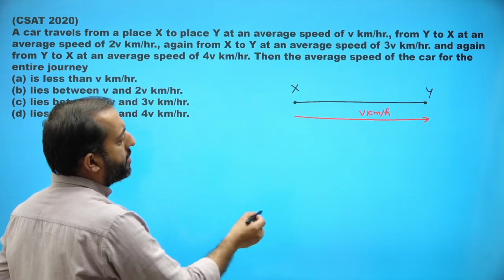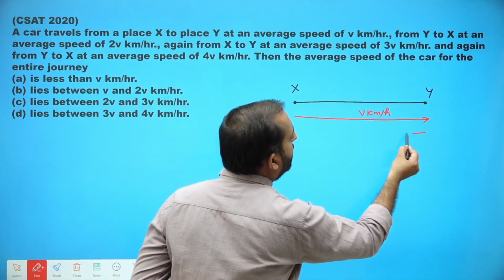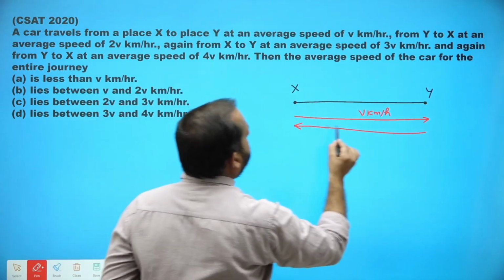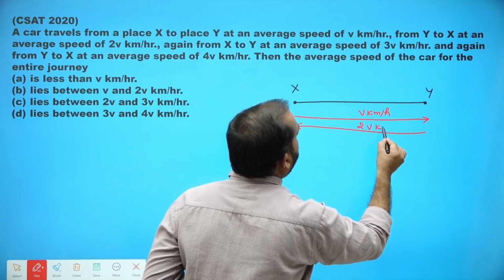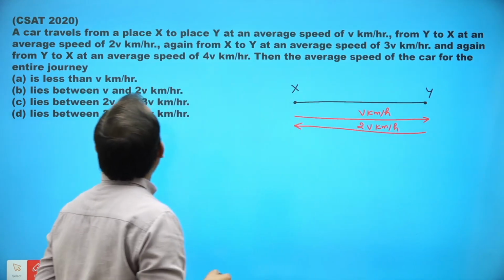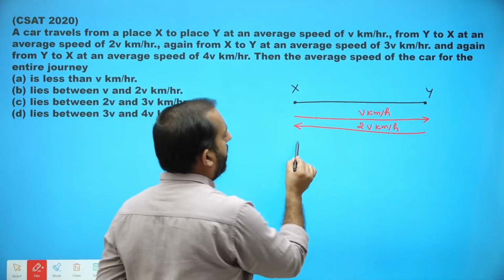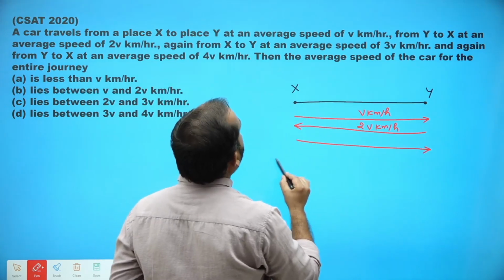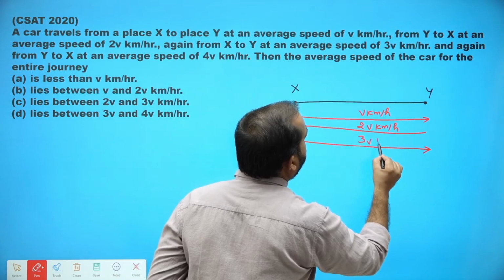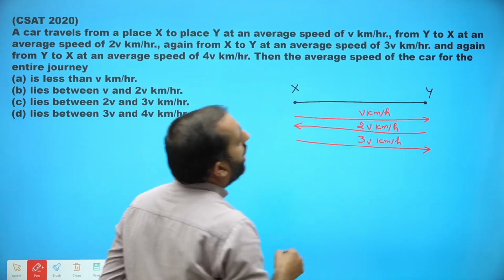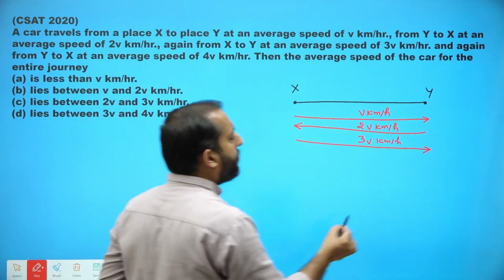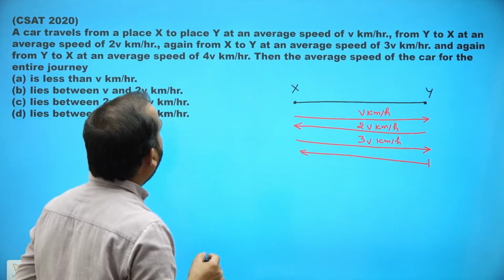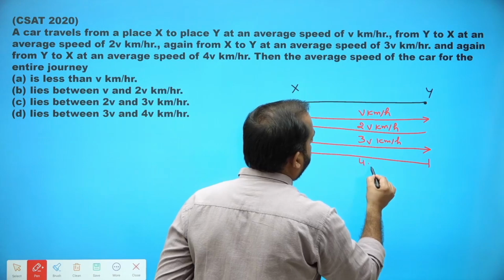And from Y back to X, at a different speed, which is 2V km per hour. And again from X to Y, at a different speed, which is 3V km per hour. And finally again from Y to X, and the speed was 4V km per hour.